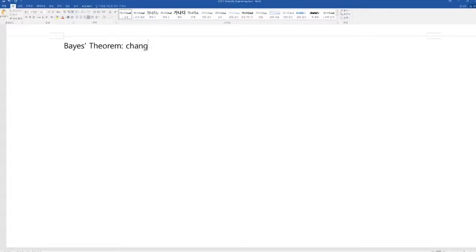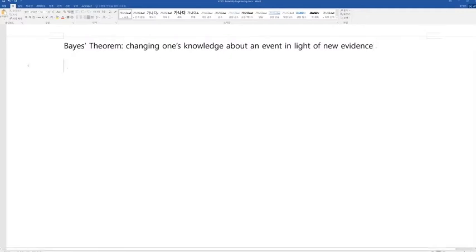So Bayes theorem is necessary to change one's knowledge about an event. When we have another new evidence, then it is necessary to change our previous probability or previous belief on something. So let's start from here.